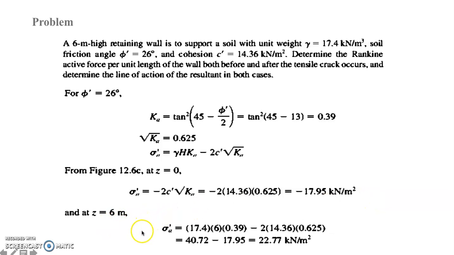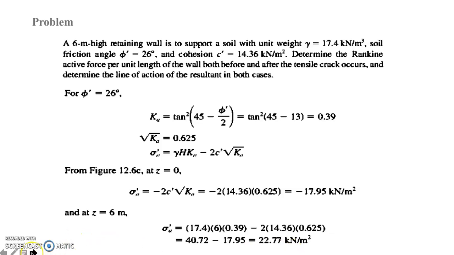When Z is equal to 6 meters, using this equation, the active pressure is equal to gamma, which is 17.4, times H, which is 6 meters, times K sub A, 0.39, minus 2 times cohesion 14.36 times 0.625. 0.625, of course, is the square root of K sub A. When you simplify, the active pressure at Z equal to 6 meters is 22.77 kilonewton per meter squared.